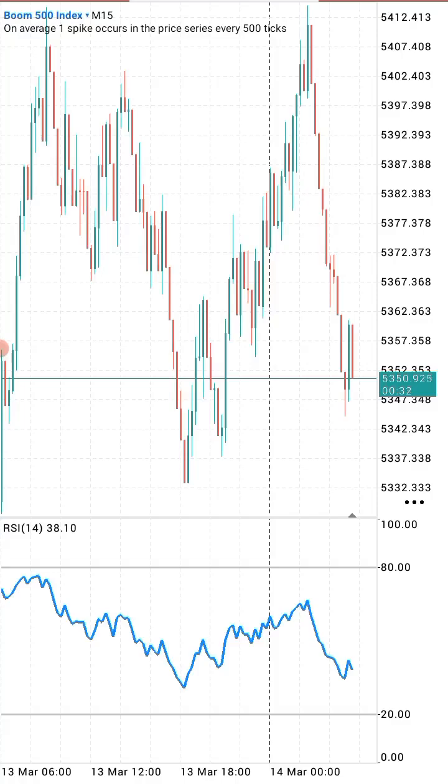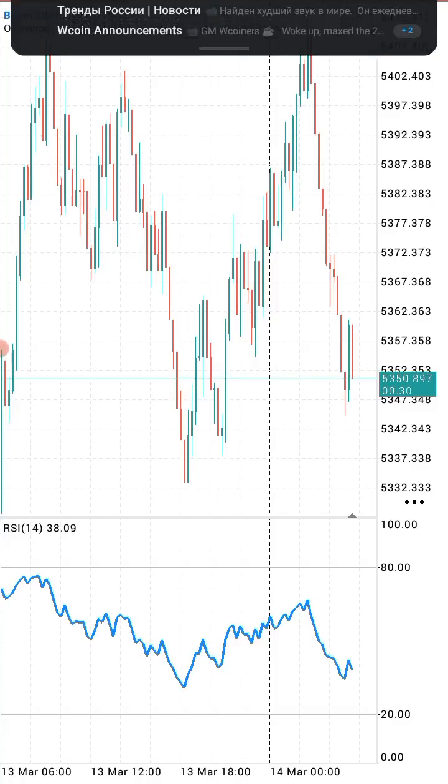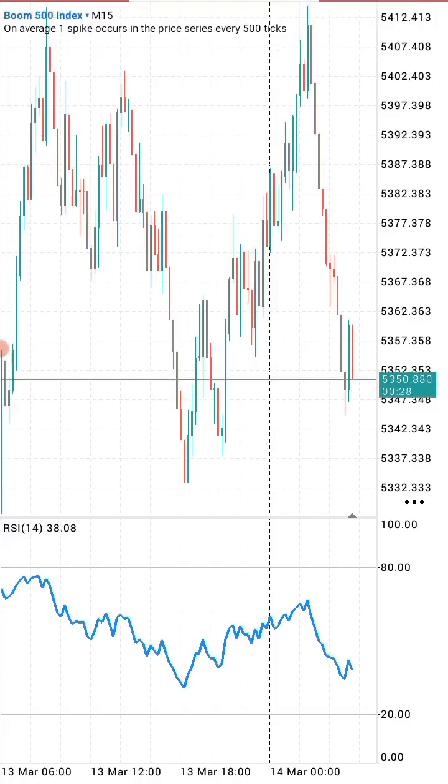For a sell setup, the entry process is in the opposite direction. You wait for the RSI to rise above 70 or 80. Wait for the RSI to cross back below that level of 70 or 80. Confirm the market begins showing bearish momentum, and then you enter the market.